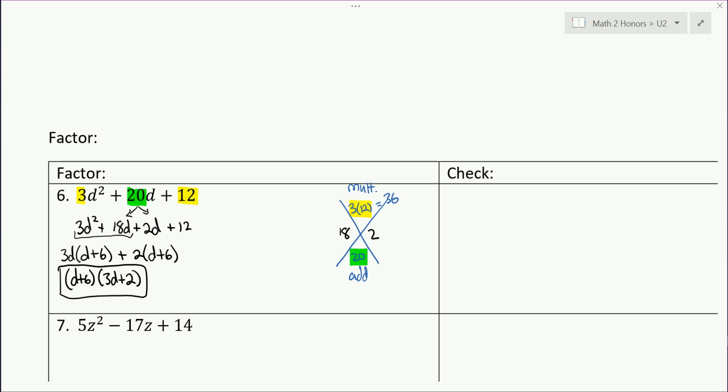What is 18D plus 2D? It's 20D. So I have to keep the D's there, right? So I'm just splitting them up. But yes, that's where they're coming from. So when you're checking, you take your answer, D plus 6 and 3D plus 2, and multiply that out. Go ahead and multiply that out and check your answer.